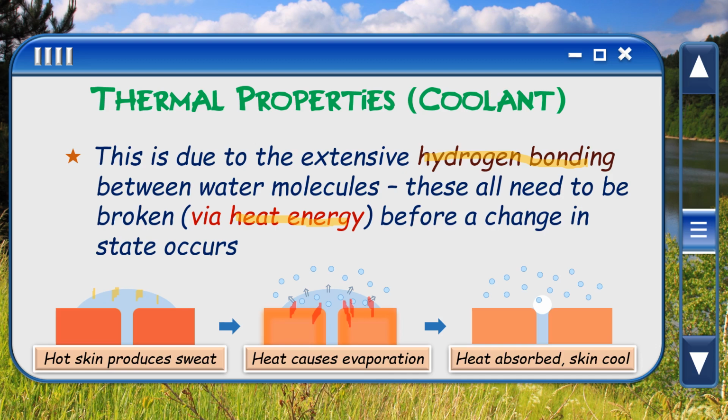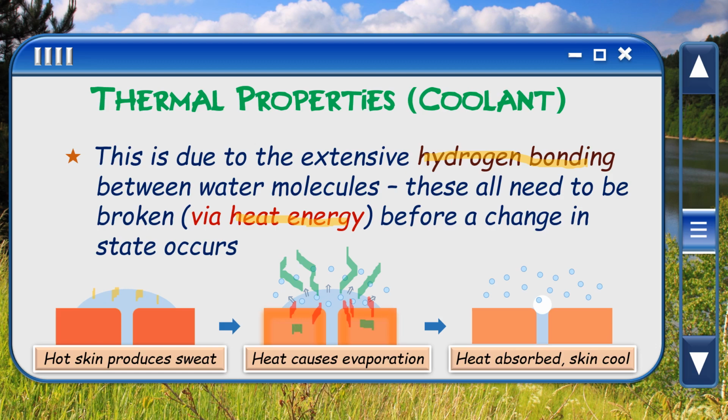And as the water temperature rises, that will break the bonds between the water molecules. And what is going to happen? The water molecules will start escaping into the atmosphere as vapor, and as they escape, they are taking away the heat. So what is going to happen to the body? The body is going to start cooling.